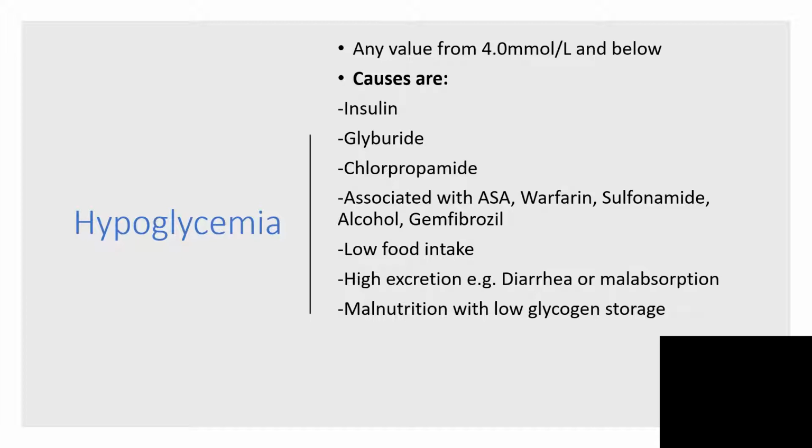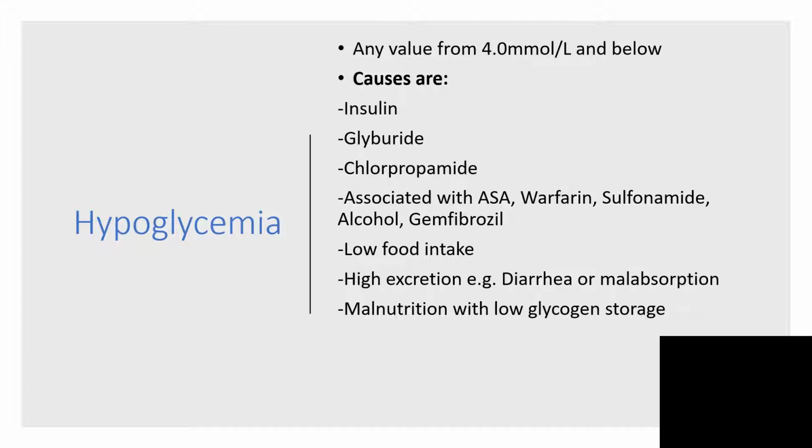Excretion of what is ingested. Somebody is just having diarrhea, or there's malabsorption that is leading to the diarrhea, then the glucose level is low, yet still on medication, or is not even on medication, there's possibility of hypoglycemia.